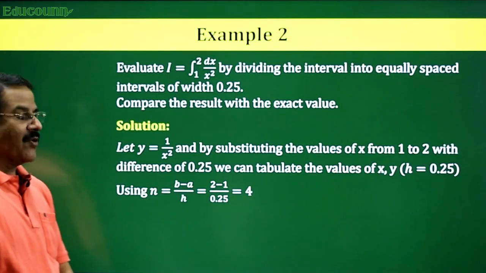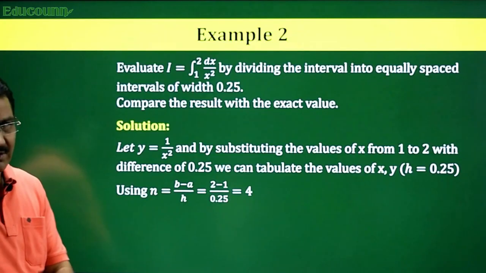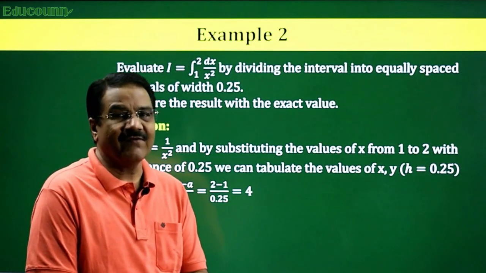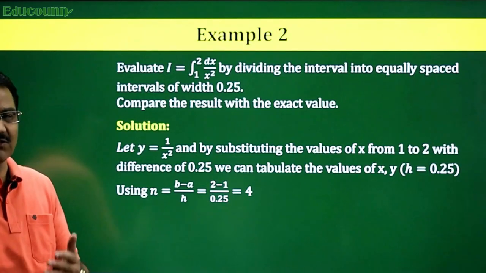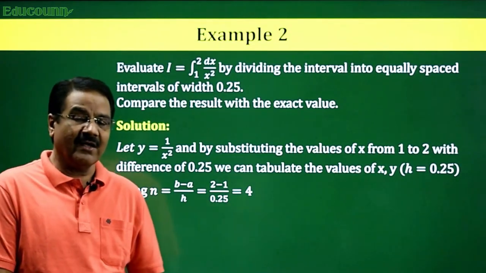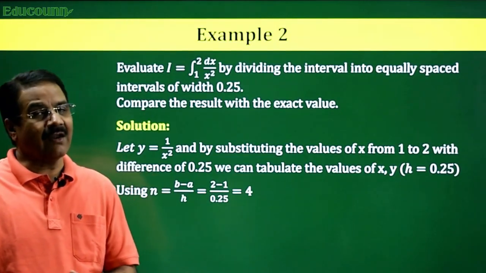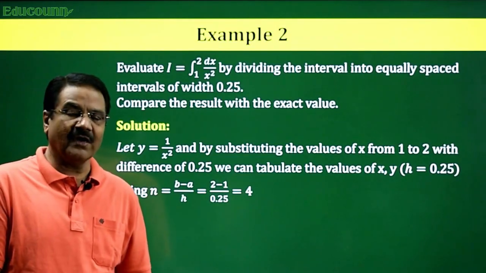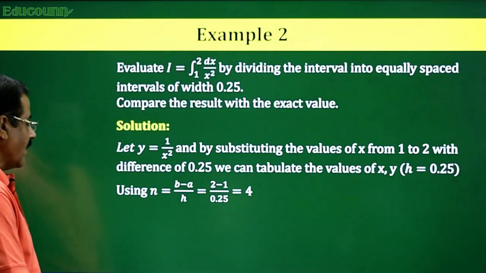In short, 1 upon 0.25 means 4. So value of n is equal to 4, means value of n is even. So when n is even, we can apply Simpson's 1/3 rule. Remember, we can apply trapezoidal rule anytime, but we are going to give preference for Simpson's 1/3 rule because of accuracy.